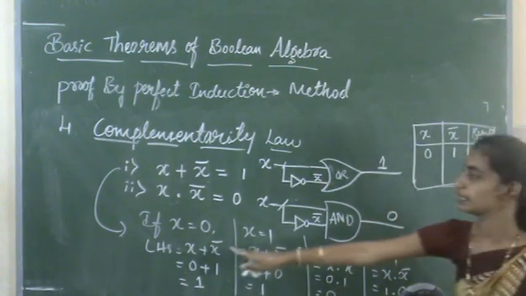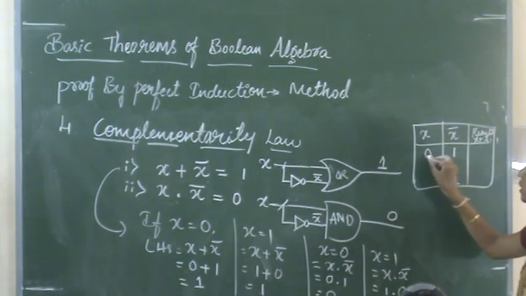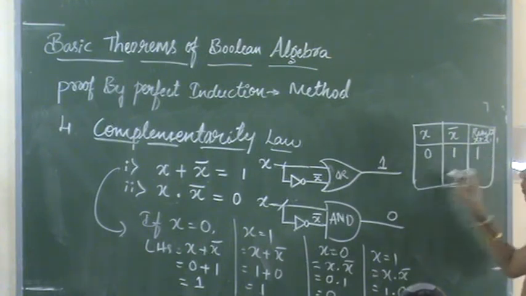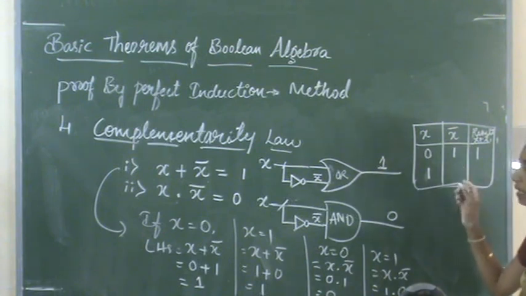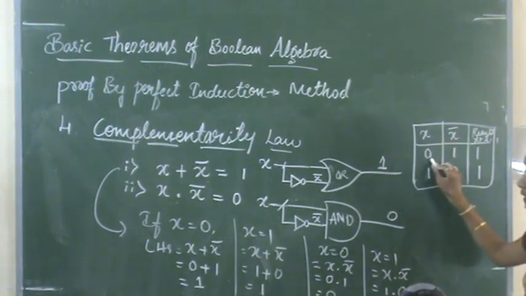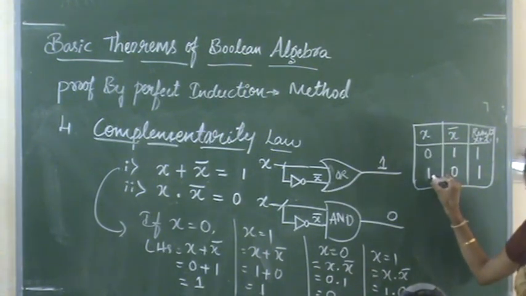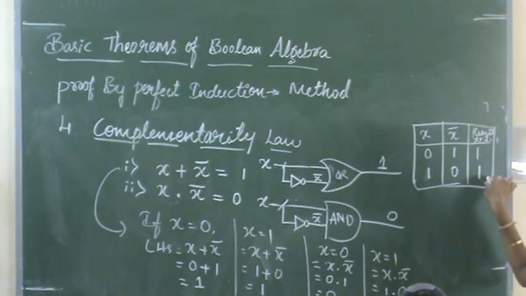So 0 plus 1 is 1 only. If I provide x as 1, what will be x bar? That is 0. So 1 plus 0 is 1. So if I provide x as 0 or 1, either one, I will get the result 1 only.